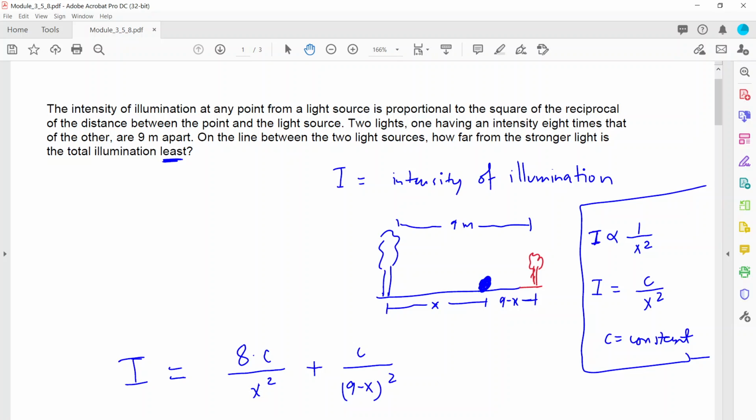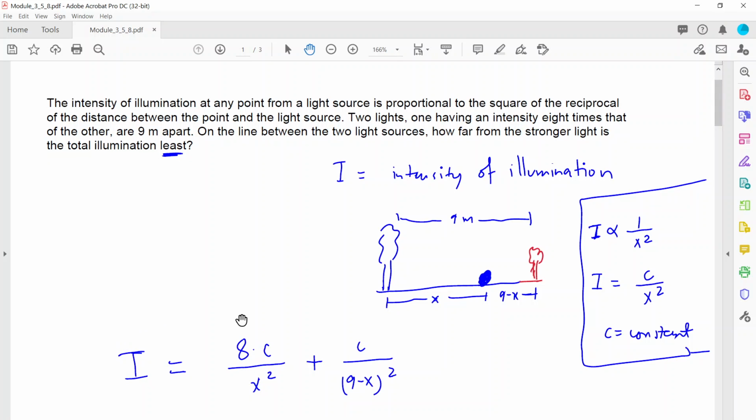Remember, this c is just a representation of the coefficient of intensity. If c is the coefficient of intensity for the smaller light, then for the bigger light it should be 8 times c. Now this is the function, this I function.